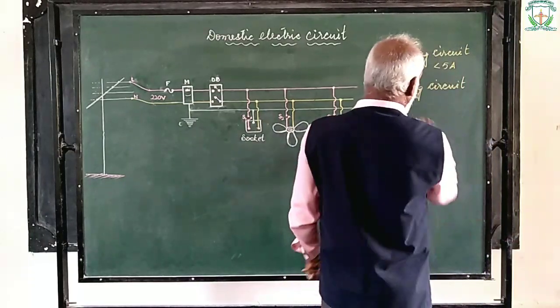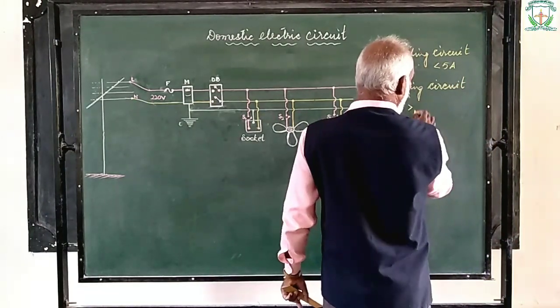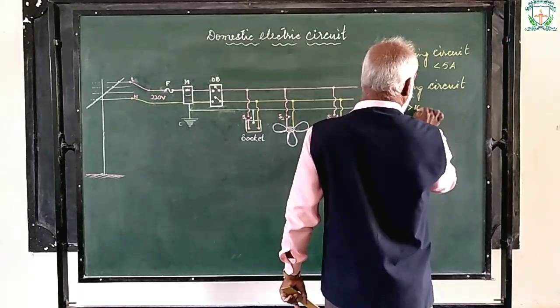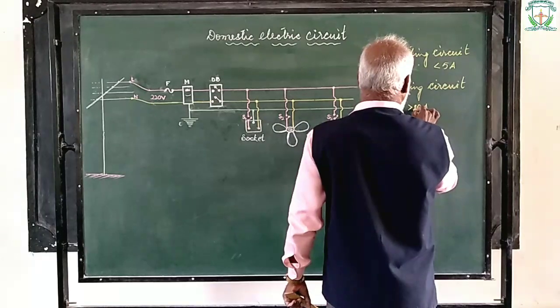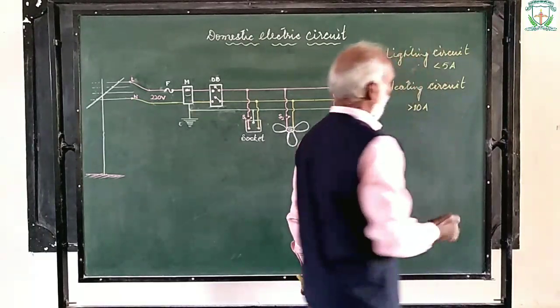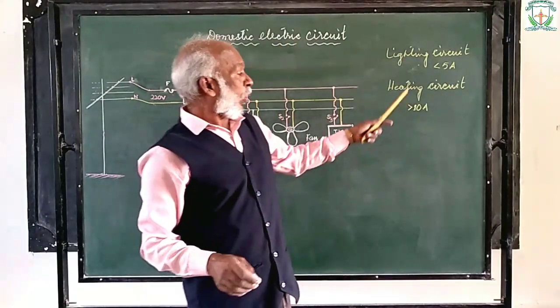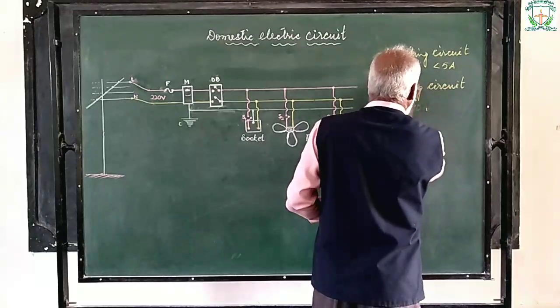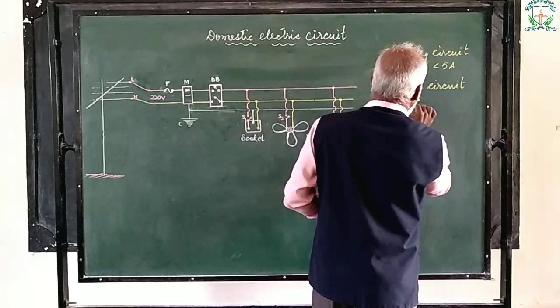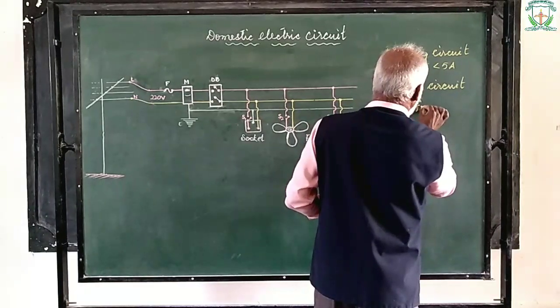So heating circuit, the devices say more than 10 amperes of current. Roughly, okay. Or else I will tell you, let it be more than 5 amperes of current.